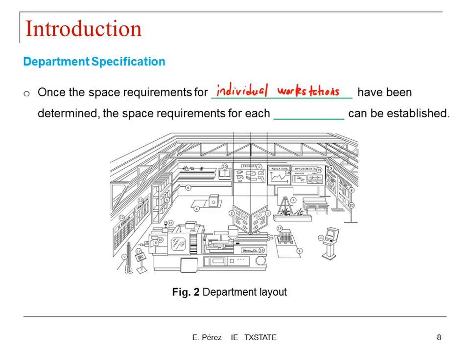So the space requirements for each department can be established. In this picture, we provide an idea of how a department might look. We have multiple workstations, a big machine in this corner, all the boards, some type of office space in this area, and so on.